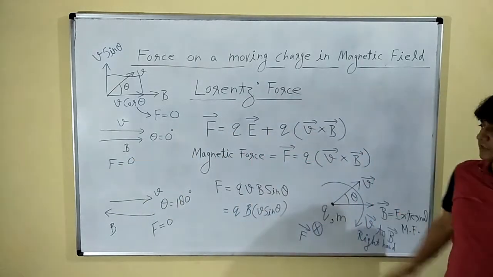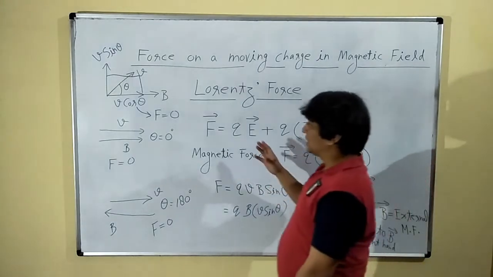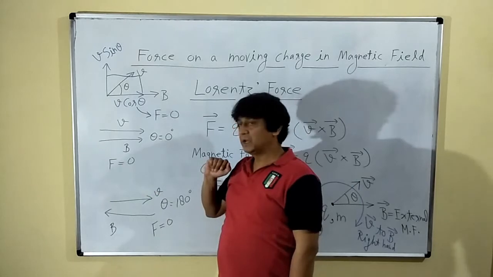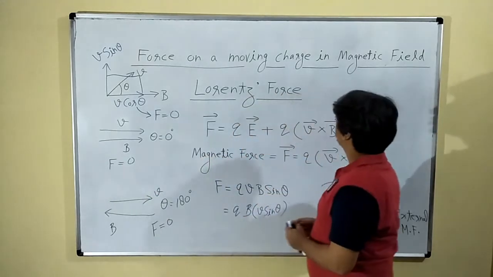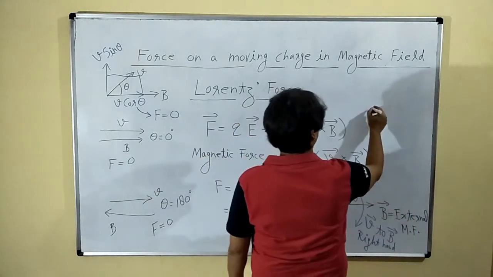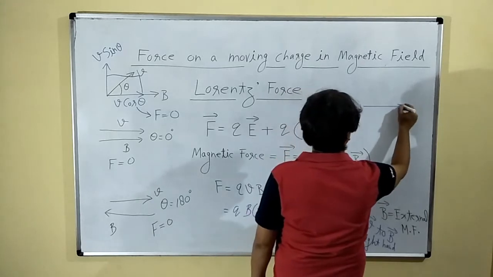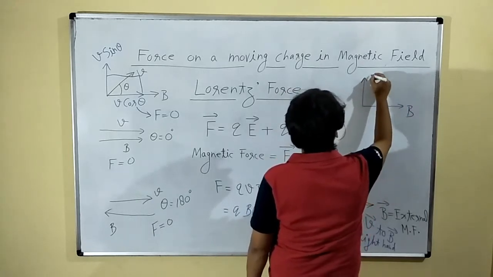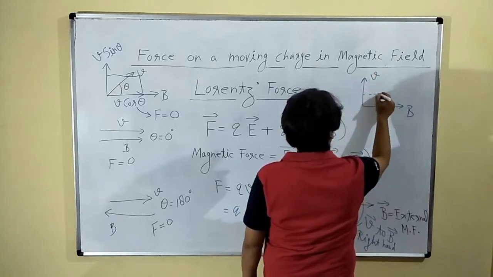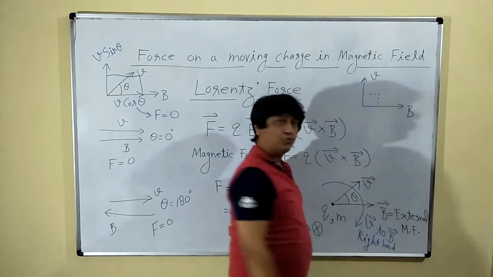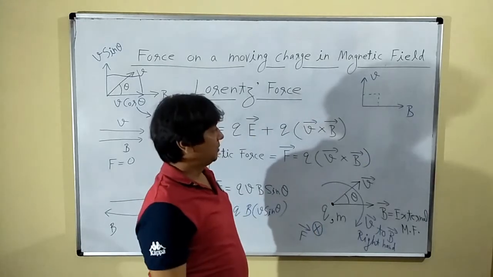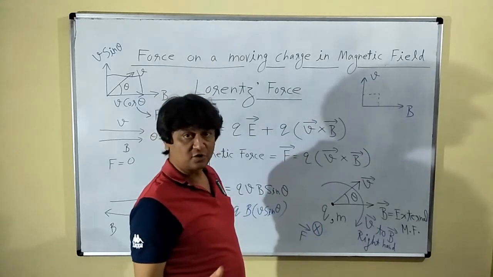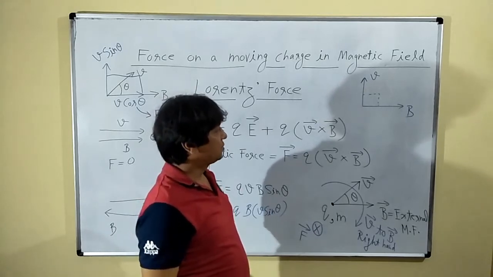That means nothing will change. ना तो डायरेक्शन ना मैग्नीट्यूड। लेकिन अगर सिचुएशन कुछ इस तरह से हो, लाइक से हमने बोला कि भाई मैग्नेटिक फील्ड इस तरफ है, वेलोसिटी इस तरफ है, तब तो फोर्स लगेगा। अब जब ये फोर्स लगेगा तो ये चार्ज डिफ्लेक्ट होगा.